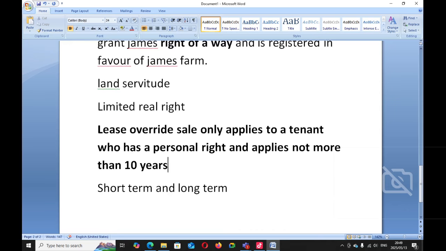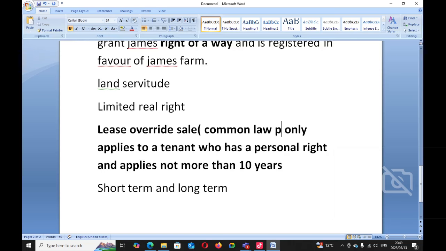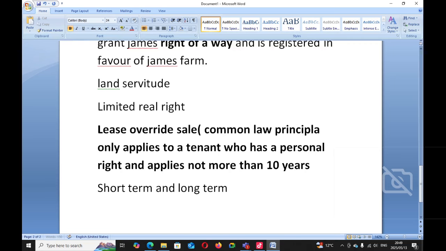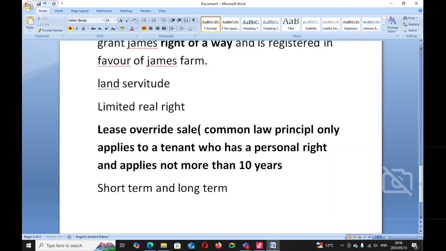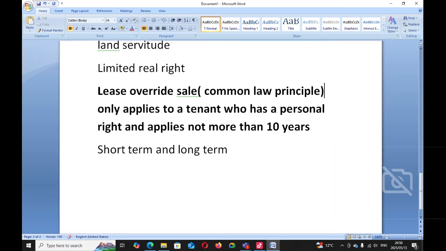This is something you must never forget when you get into the examination. This is a common law principle.